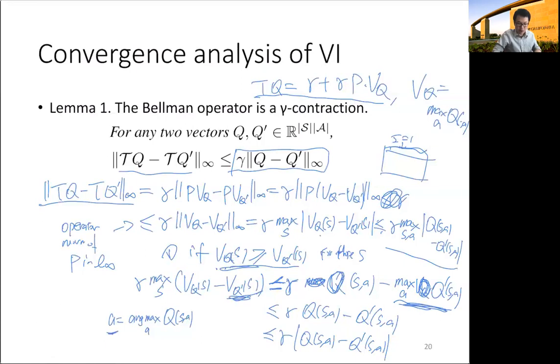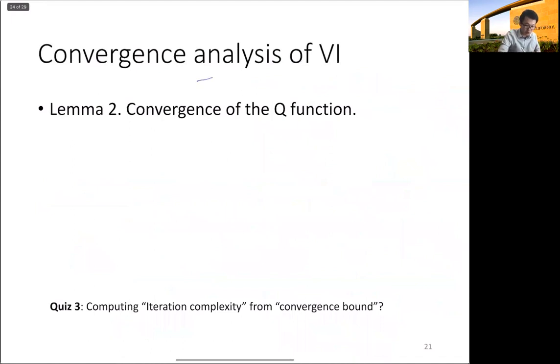Okay, now with the Bellman operator, we've shown that the Bellman operator is a gamma contraction, and then we can iteratively apply this lemma. So tau of Q minus tau of Q prime, L infinity norm, is smaller than gamma times Q minus Q prime, L infinity norm.